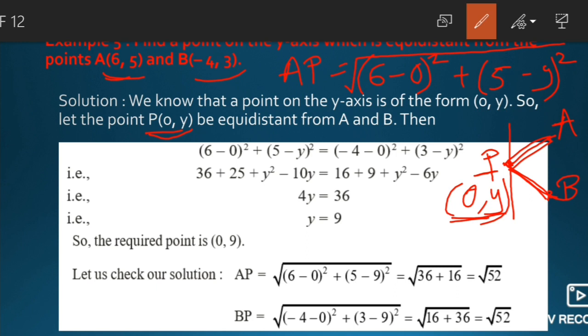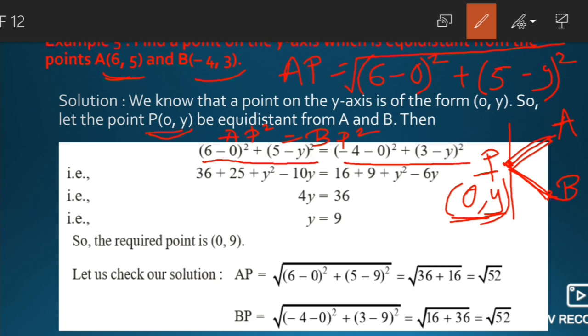Since AP square is equal to BP square is given here, after doing the square on both sides, on the left hand side it will be (6 minus 0) whole square plus (5 minus y) whole square. On the right hand side it will be (4 minus 0) whole square plus (3 minus y) whole square.